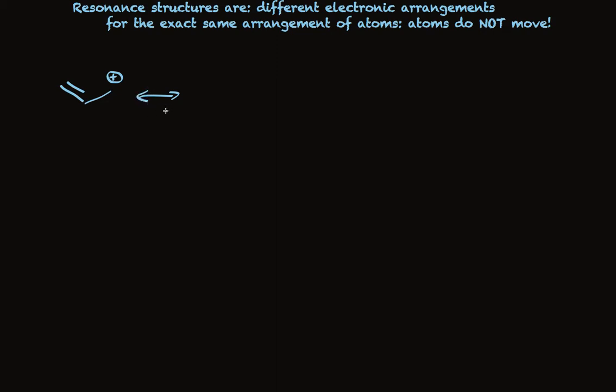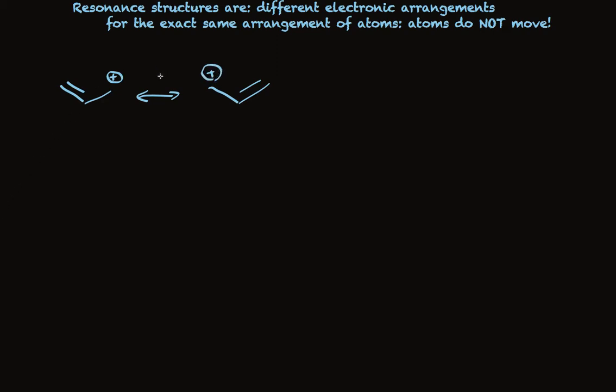This is a resonance structure arrow. And we can picture a second resonance structure where the pi bond is here and the positive charge is here.